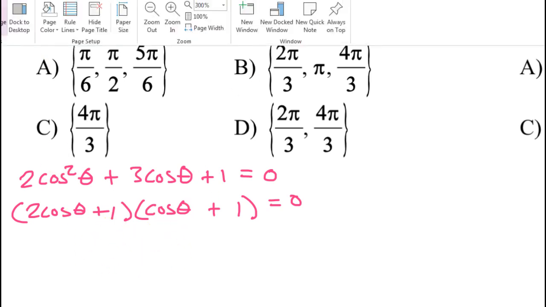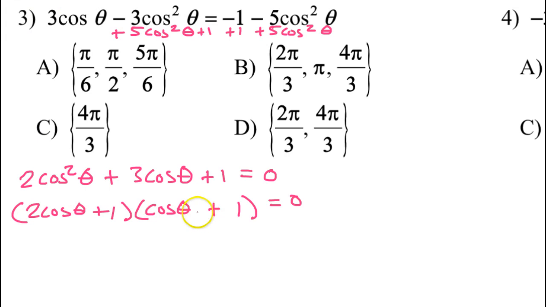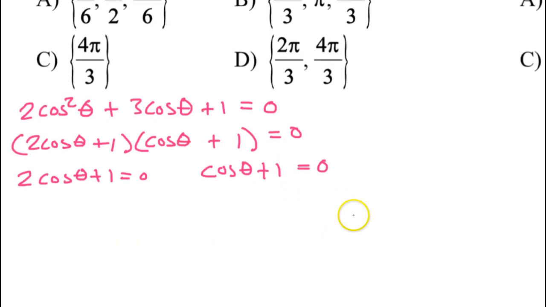So now I'm going to set each of these factors equal to 0 to get my solutions. On the one hand, we have 2 cosine theta plus 1 is equal to 0, and we have cosine theta plus 1 is equal to 0.